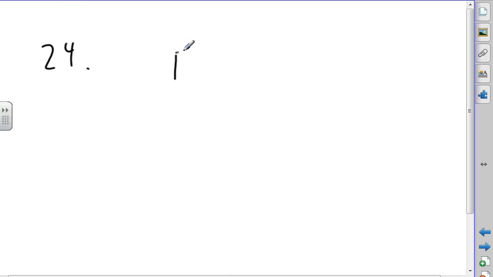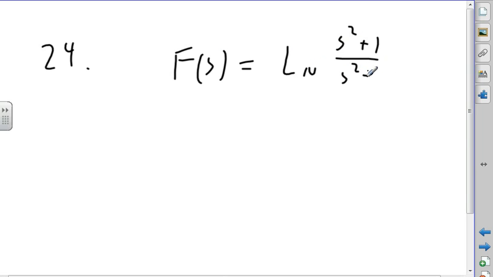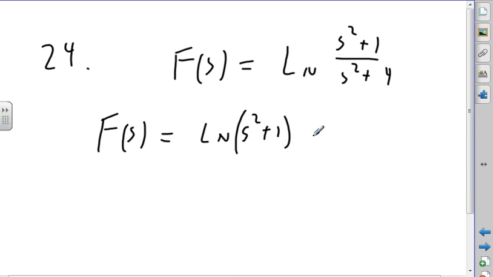24. F of s is natural log of s squared plus 1 over s squared plus 4. Okay, and then we'll say f of s is equal to natural log of s squared plus 1 minus the natural log of s squared plus 4.